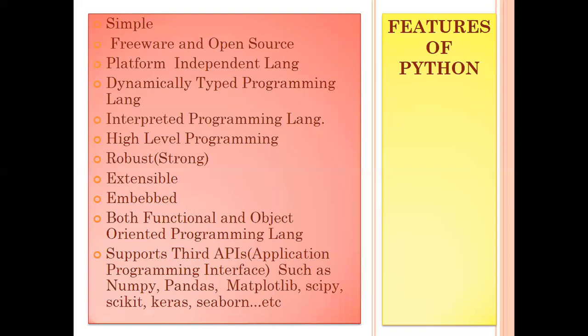Robust means a strong programming language; we can develop robust applications with Python. It is extensible, embedded, and both a functional and object-oriented programming language. It also supports third-party APIs. Now, what are third-party APIs? Application programming interfaces, such as NumPy, Pandas, Matplotlib, SciPy, Scikit, Keras, Seaborn, etc.